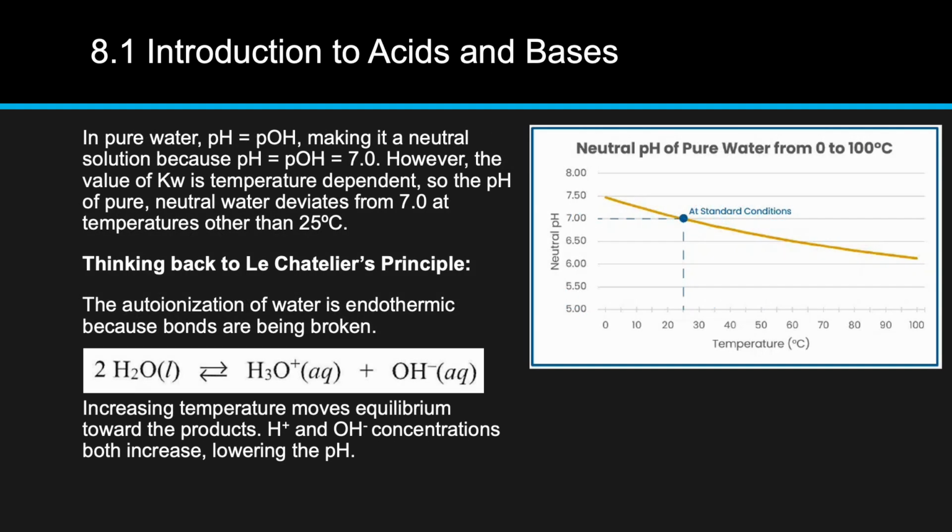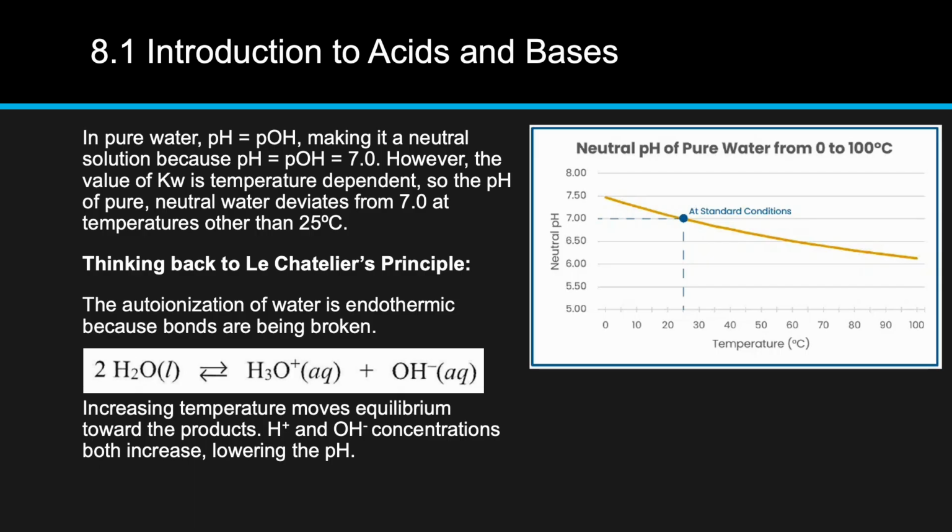Now we go through the majority of our childhood learning that water is neutral and has a pH of 7. However, that is only a true statement at 25 degrees Celsius. If you change the temperature of water, then you are going to change the pH of water. And to understand that, we need to go back to Le Chatelier's principle, which we learned about in Unit 7.